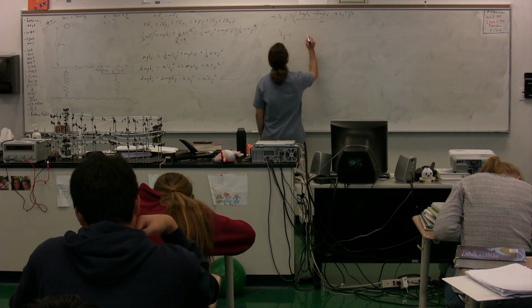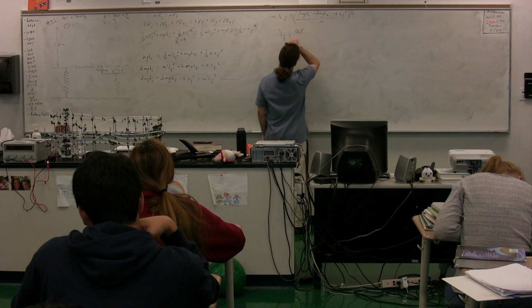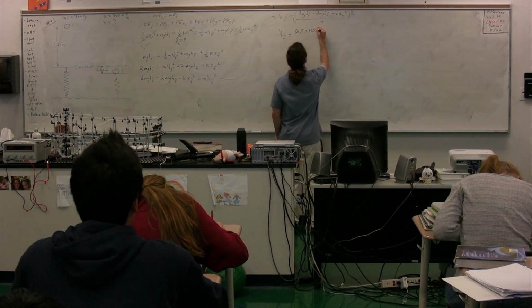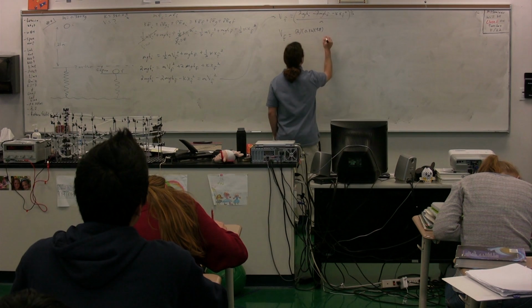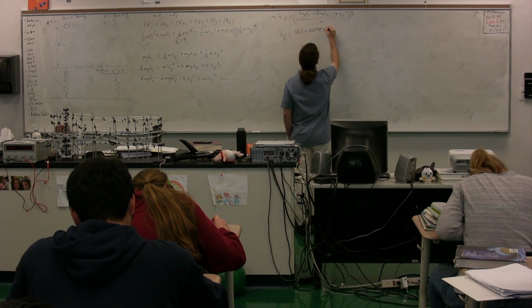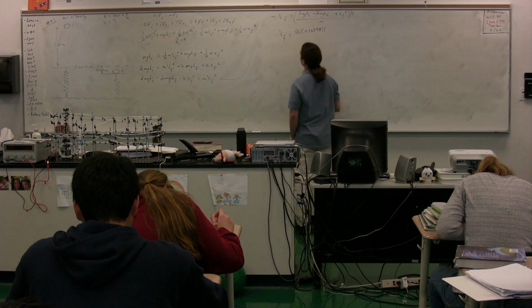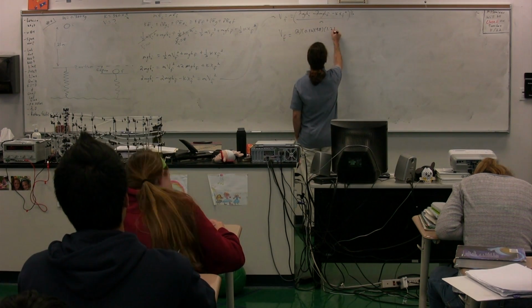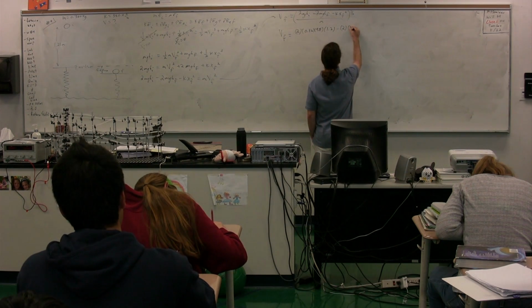Mr. Reed, 2 times the mass, 0.36, times the acceleration of gravity here on planet Earth, 9.8. Positive or negative? Positive. Good. Height initial? So the initial height above the 0 line, 1.2, minus 2 times the mass, which is 0.36.